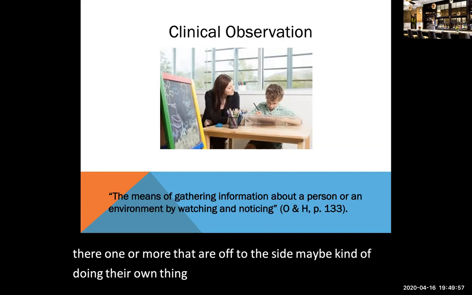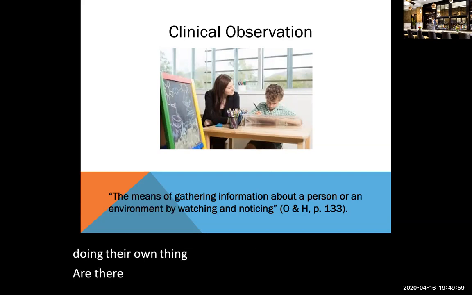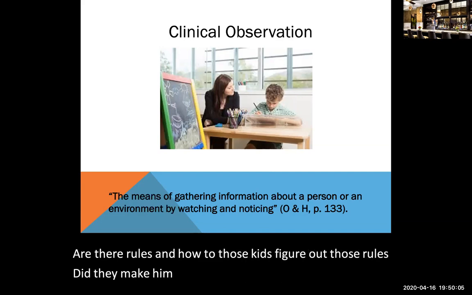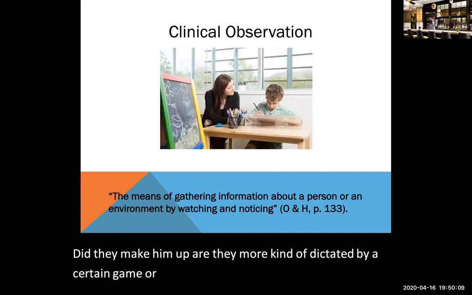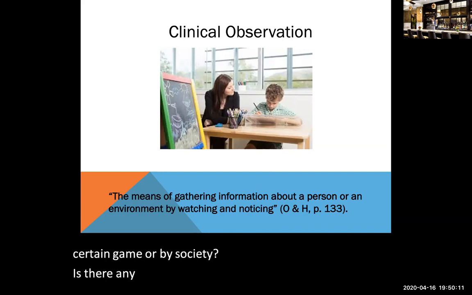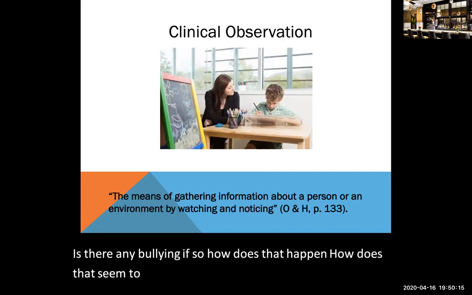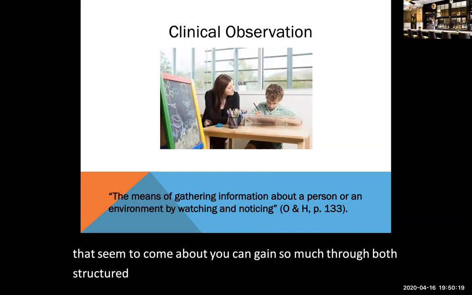Are there any conflicts? Are there rules? And how did those kids figure out those rules? Did they make them up? Are they more dictated by a certain game or by society? Is there any bullying? If so, how does that happen? How does that seem to come about? You can gain so much through both structured and non-structured clinical observations.